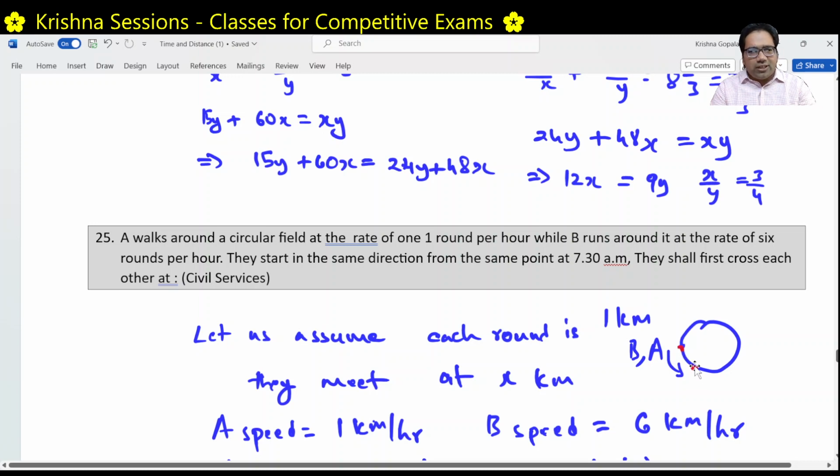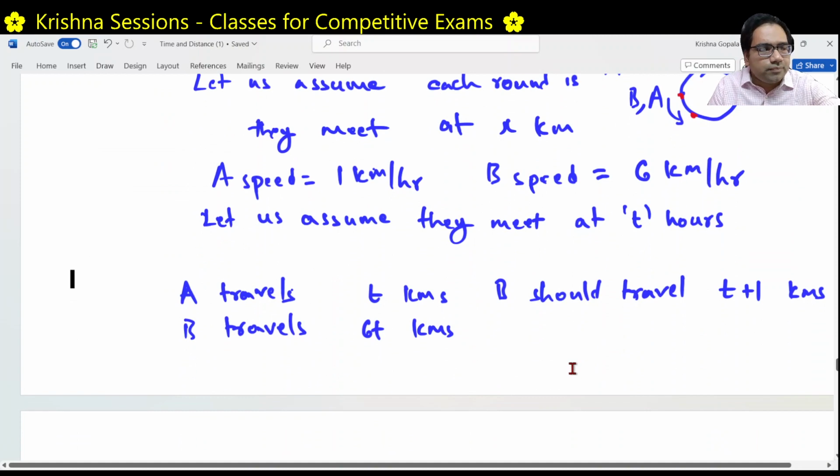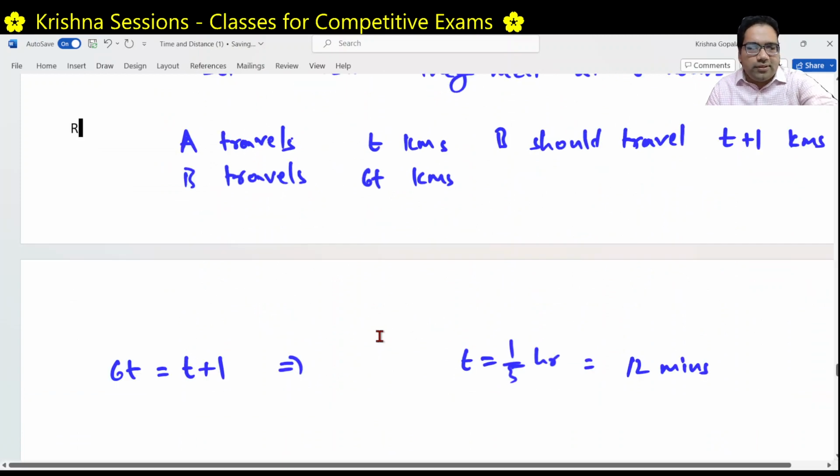Now, in that one-fifth time, B would have covered how much? One-fifth into 6. In 1 hour, it would cover 6 rounds, right? In one-fifth hour, in 12 minutes, how much would it cover? 12 by 60 into 6, right?